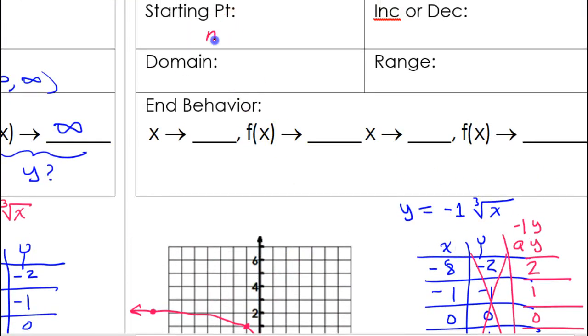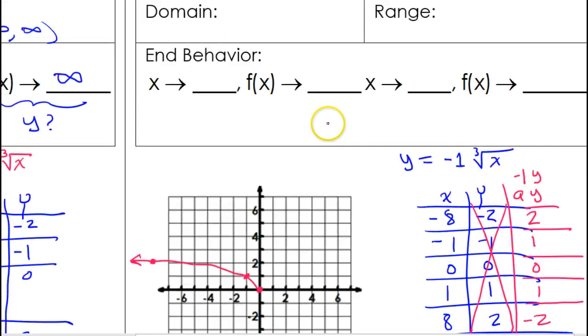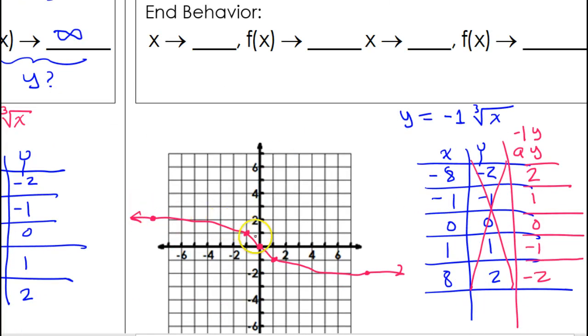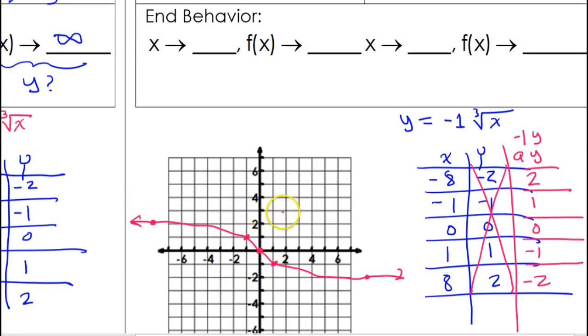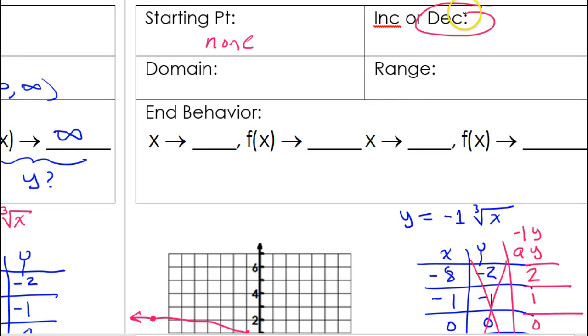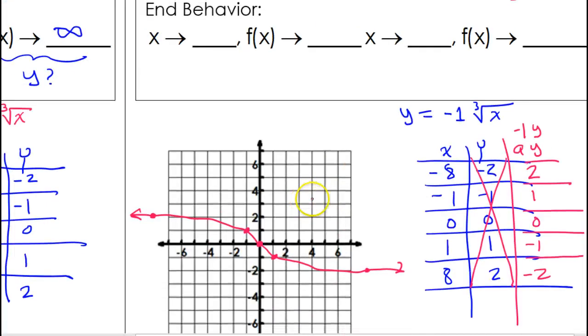Now, there was no starting point. This graph is decreasing. From left to right, it is going down. The domain and range for all cube root functions will be -infinity to +infinity. Which makes sense because for the domain, it goes left and right forever unbroken, and it goes down forever and up forever.